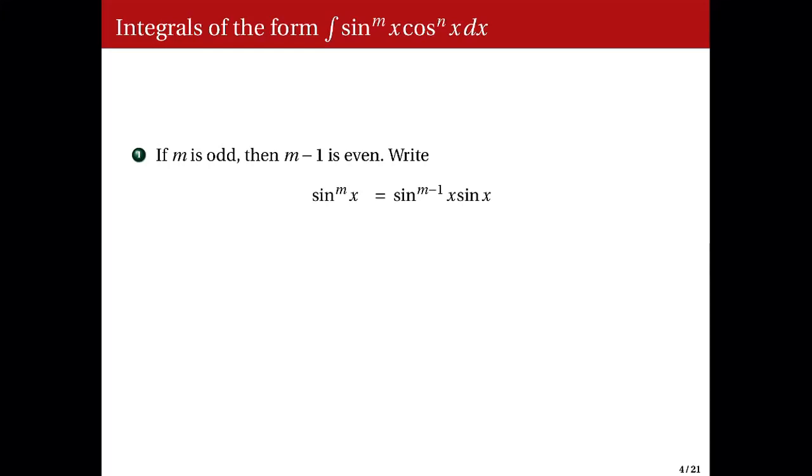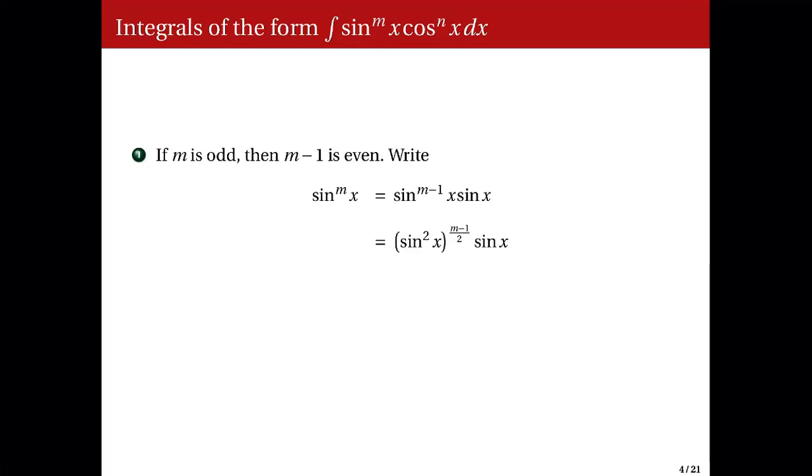To do that, you have sine squared x raised to the power m minus 1 over 2. Take note that m minus 1 is even, which means m minus 1 is divisible by 2, so this exponent will just be an integer.